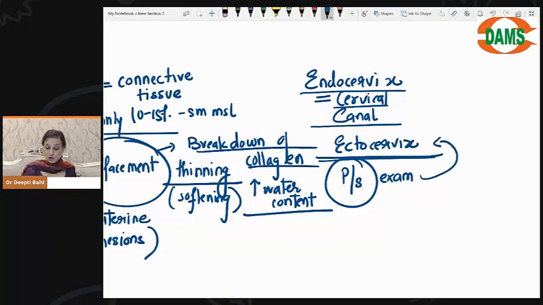You will be able to see only and only the ectocervix. So you'll see the external os, which is the opening in the vagina, and all around it is the ectocervix. When we do a per speculum examination, we will only see the ectocervix, not the endocervix.